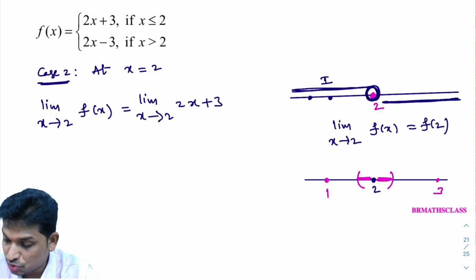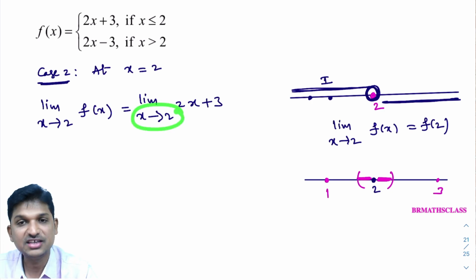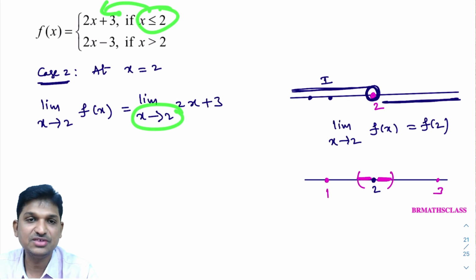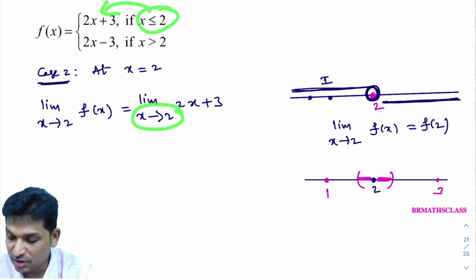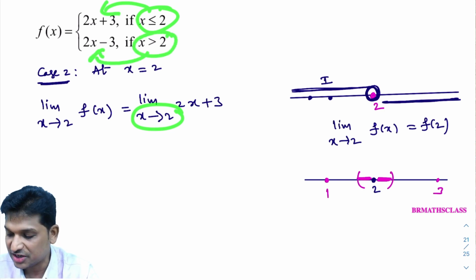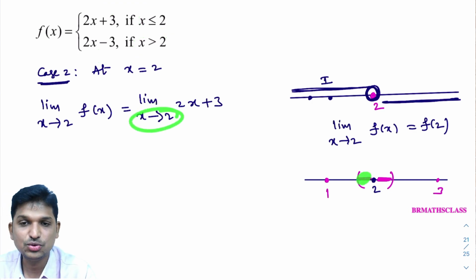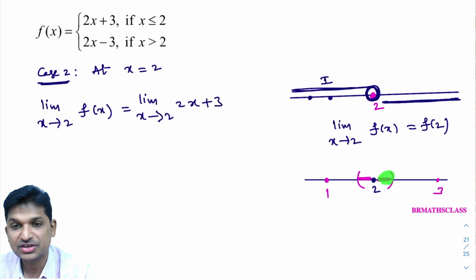X approaches 2 means x value less than 2 is possible or not? Yes, it is possible. When x value is less than 2, we need to choose this function. When x value is greater than 2, then we need to choose this function. There is a chance that all x values are less than 2, and a chance that all x values are greater than 2. I hope you are understanding.